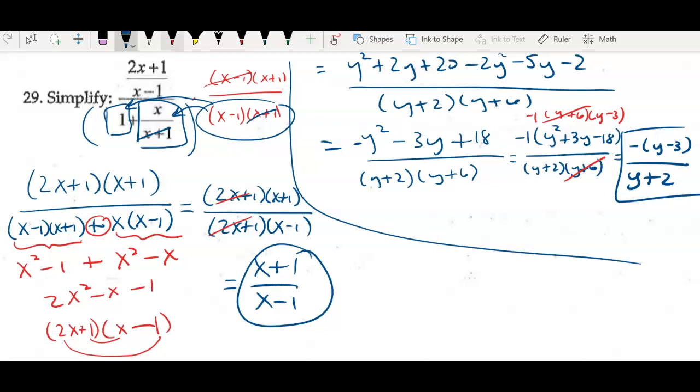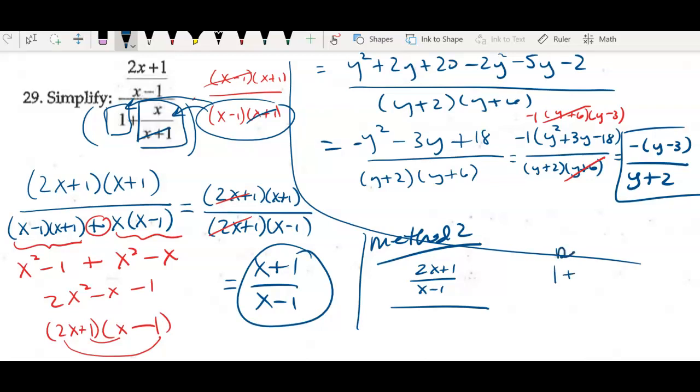There is a second method to that. Method 2 is simply to leave the numerator as it is, but the denominator bring together as one fraction. So what do we have? We have 1.